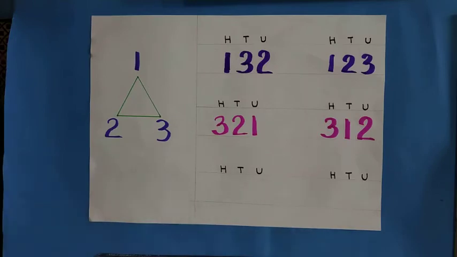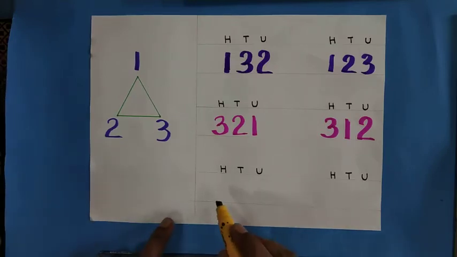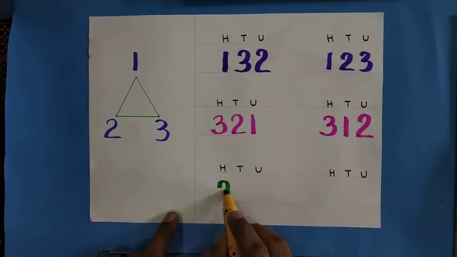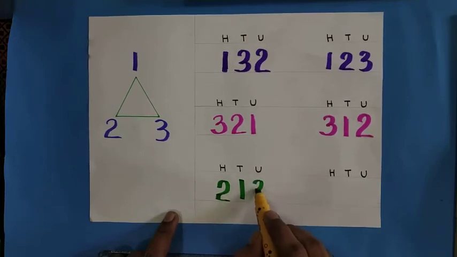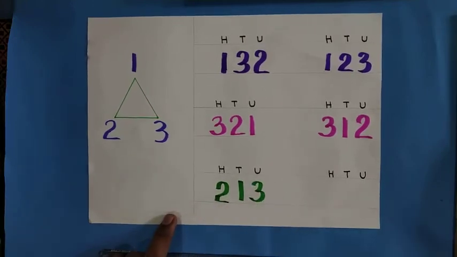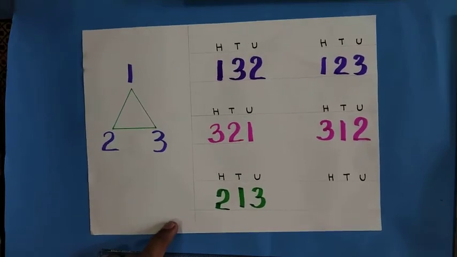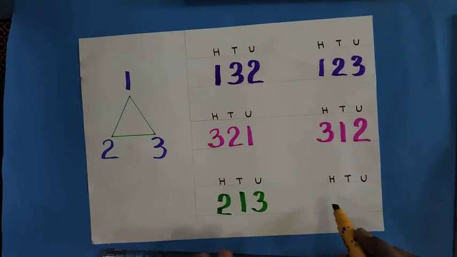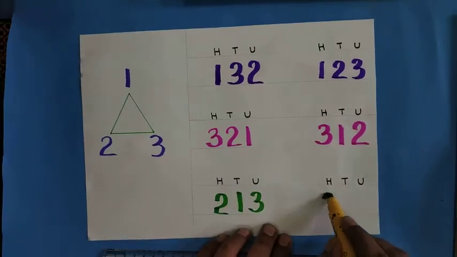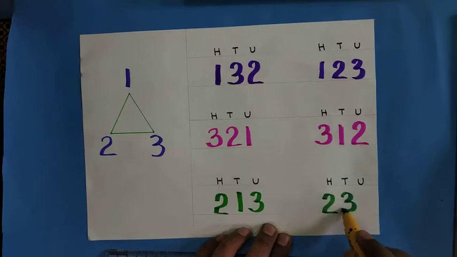Now let us take the next number at the 100 place. 2 we will take at the 100 place. So the number we will get is 2 at the 100 place, then 1 and 3. That is 213. Now anti-clockwise like this. 2 at the 100 place, then 3 at the tens place and 1 at the unit place.